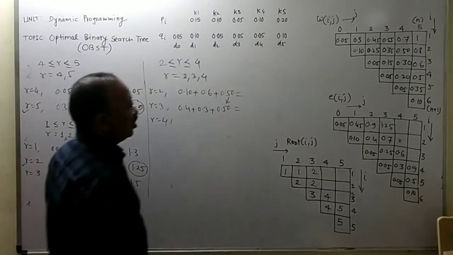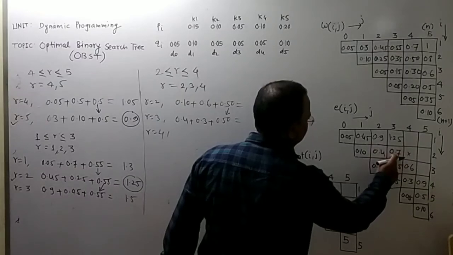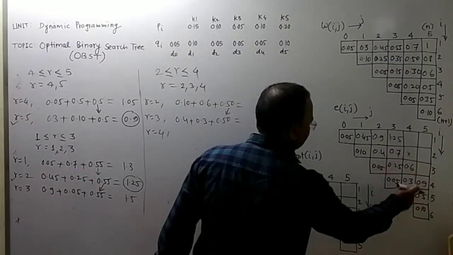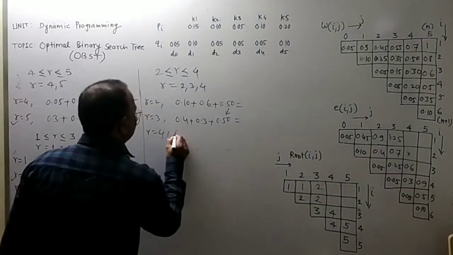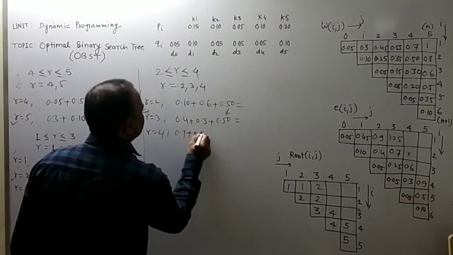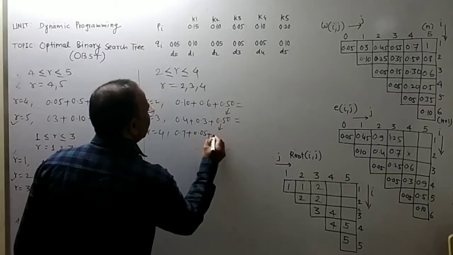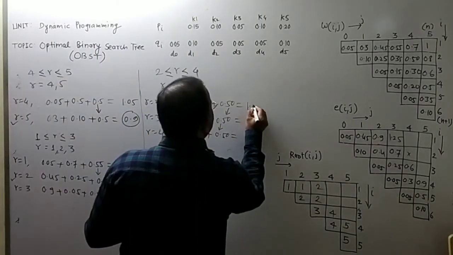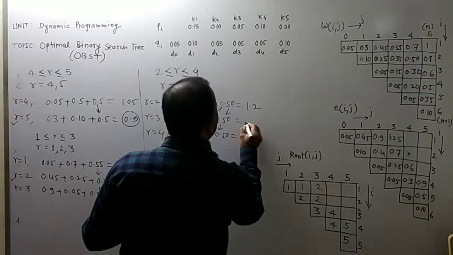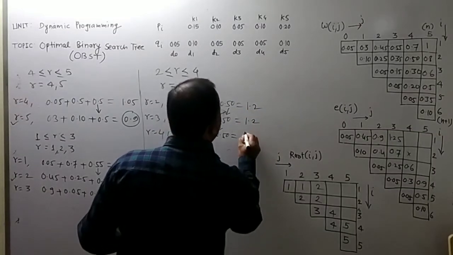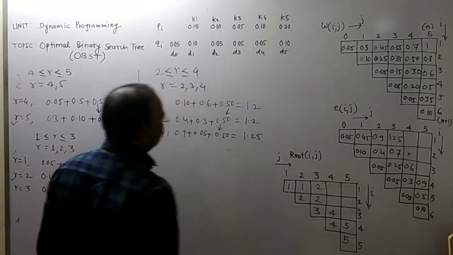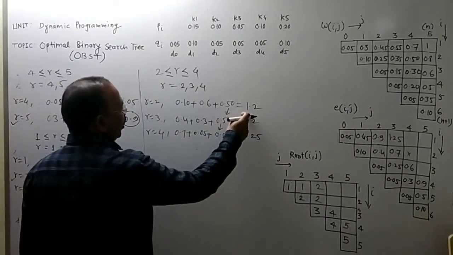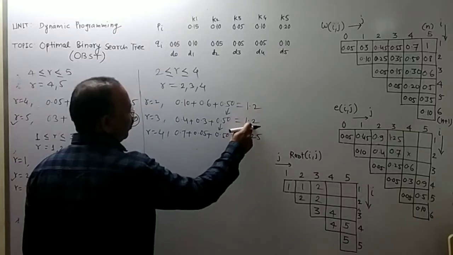For r is equal to 4, on the left side and the last value on downside, 0.7 plus 0.05 plus W value 0.50 is equal to 1.2, 1.25. Now here there are two minimum values, 1.2, 1.2.